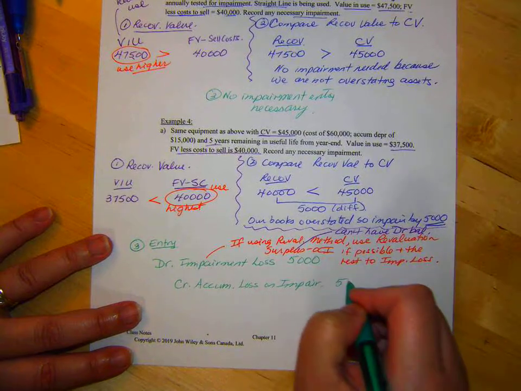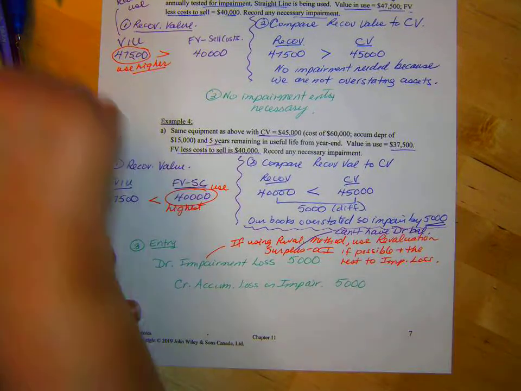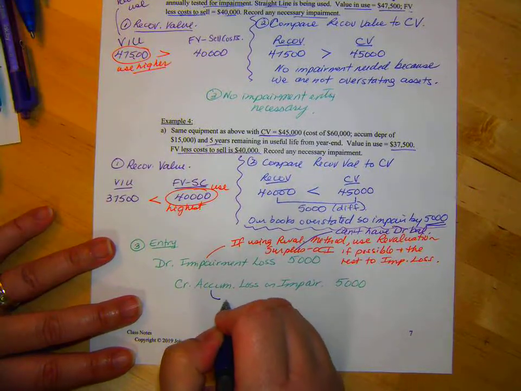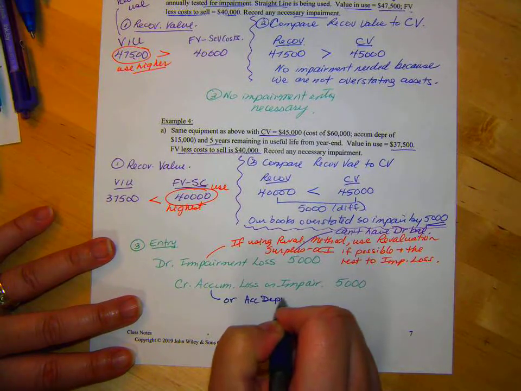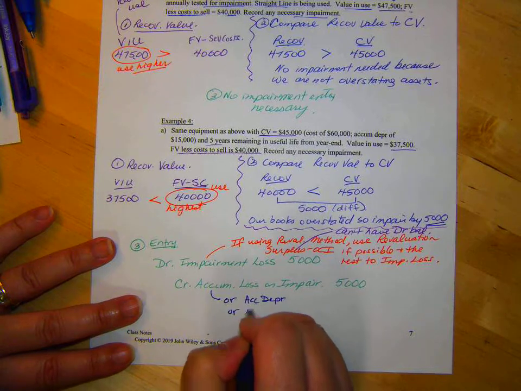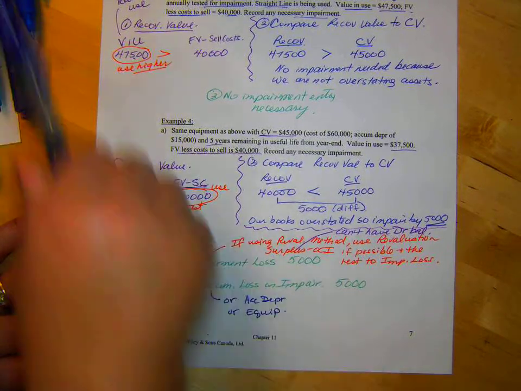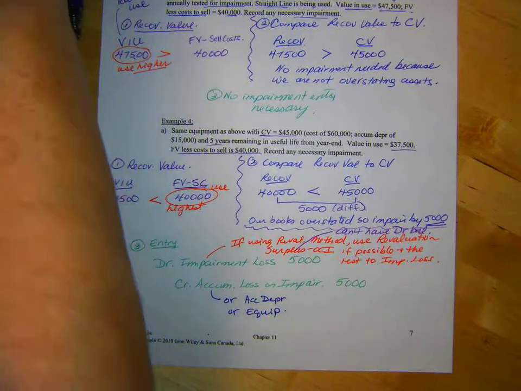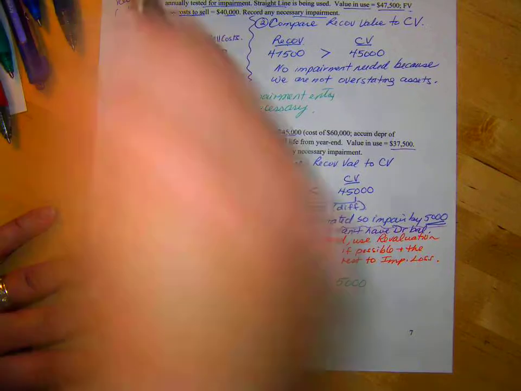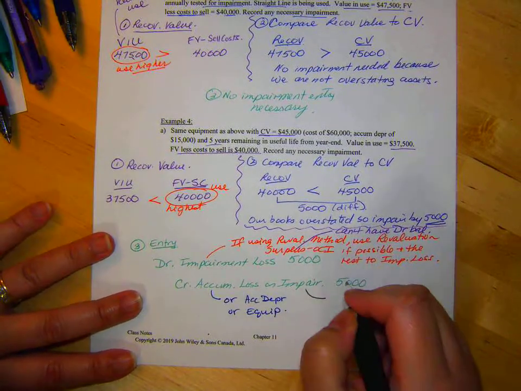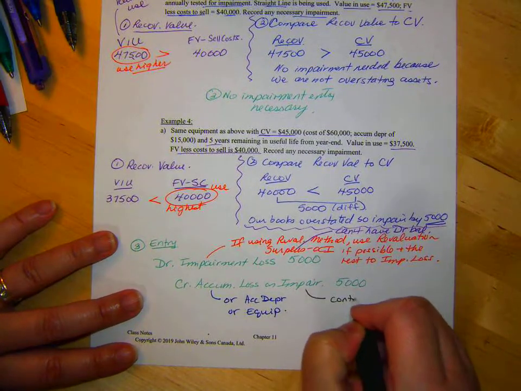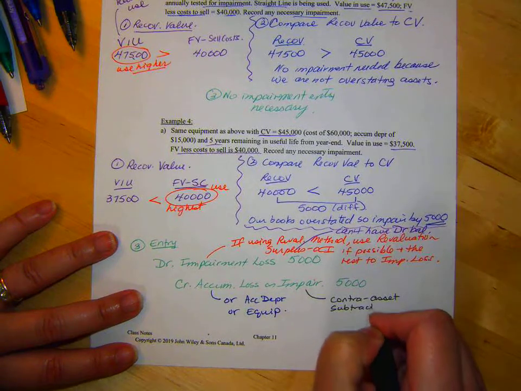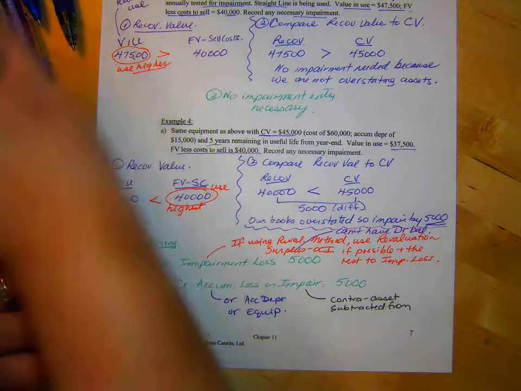So again, if Wiley Plus has that, go ahead and use it. However, you can also use accumulated depreciation, or you can use equipment. And just so you know, this account is a contra asset subtracted from equipment.